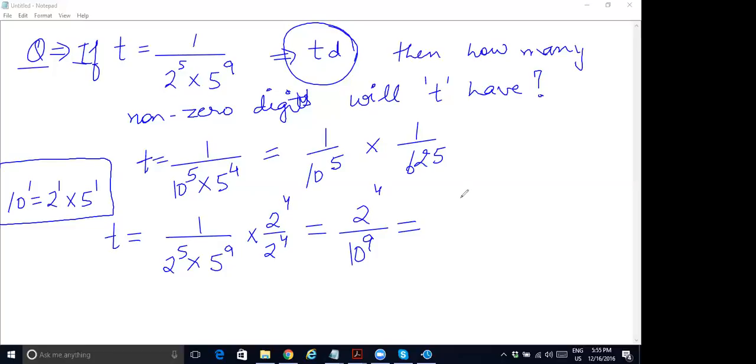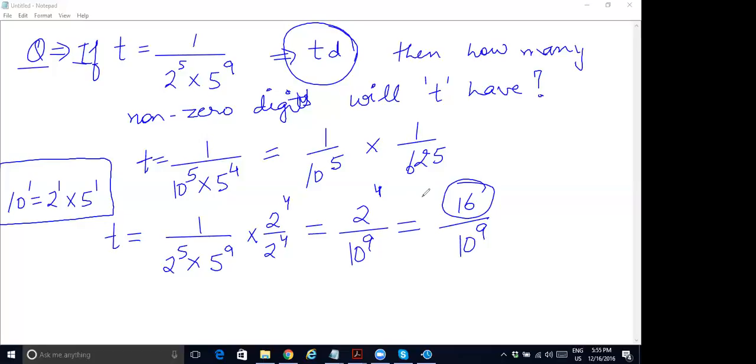And 2 to the 4 is 16. That means I will have only 2 non-zero digits. Oh, okay. I would have never thought of this. But this makes the task very easy. Yeah, for sure.